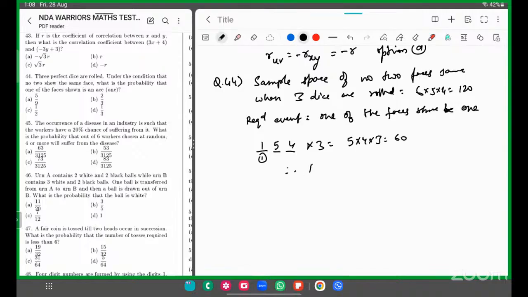Here is the probability: 60 by 120, that is 1 by 6.